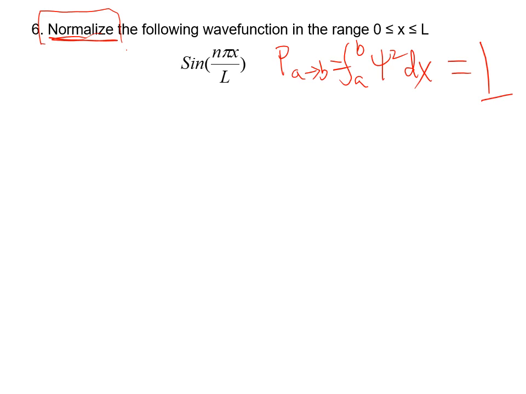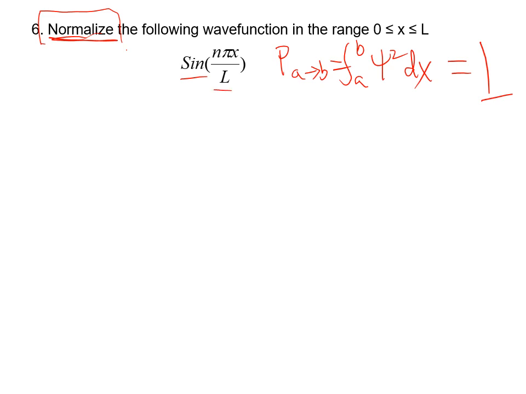So sometimes if the wave function has an unknown, you can normalize it to find the unknown in the wave function. Sometimes the wave function doesn't have an unknown. You can still normalize it. You can add an unknown to make the wave function probability equal 1. So let's look at this wave function.